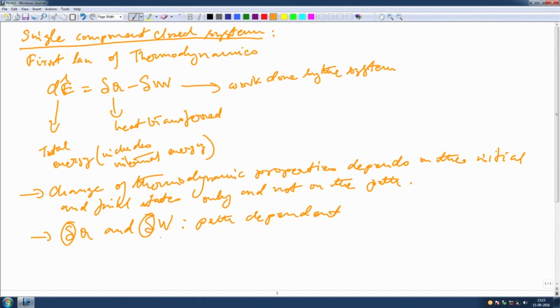And in most cases the work will be basically the mechanical work, which is basically PdV, the mechanical work for a closed system.